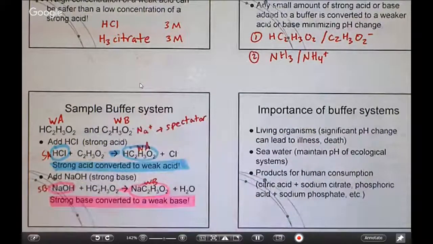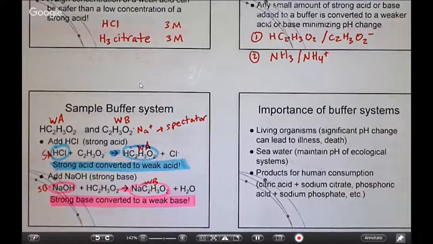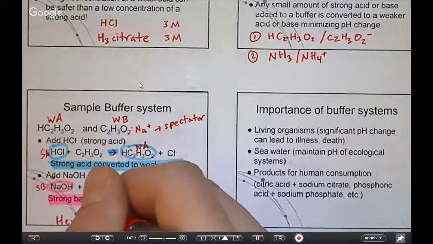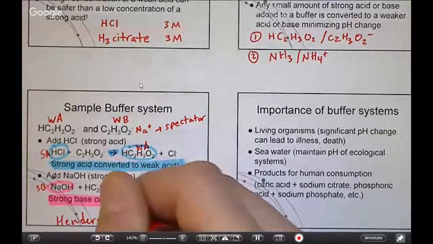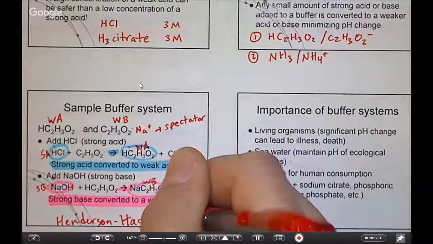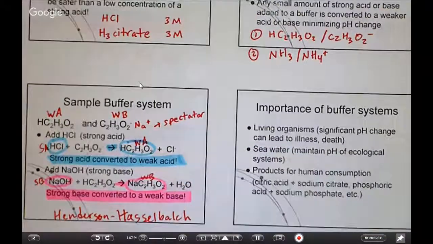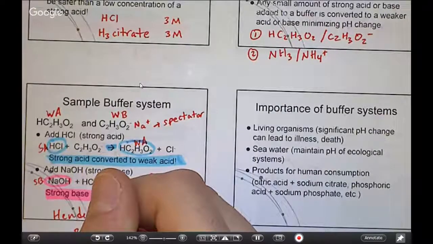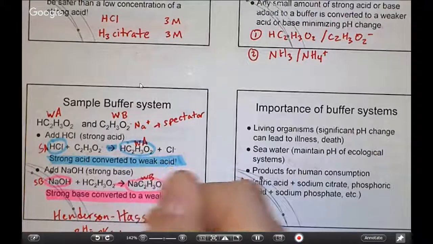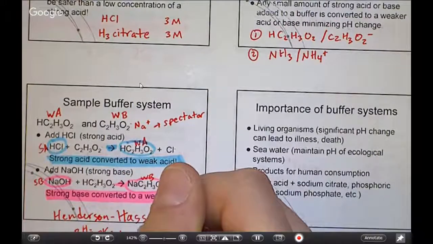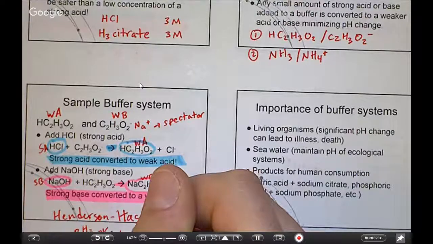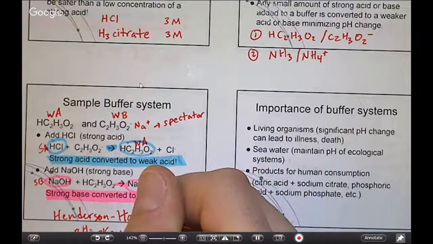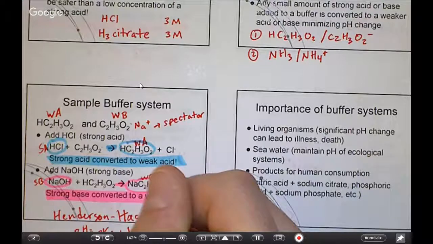Okay. If anything, if you go into IB chemistry, you might look at this with something called Henderson-Hasselbalch. The Henderson-Hasselbalch equation is something like pH equals pKa plus log.